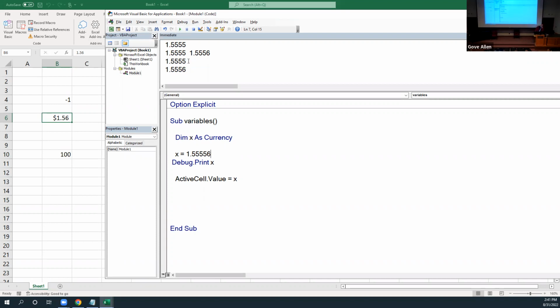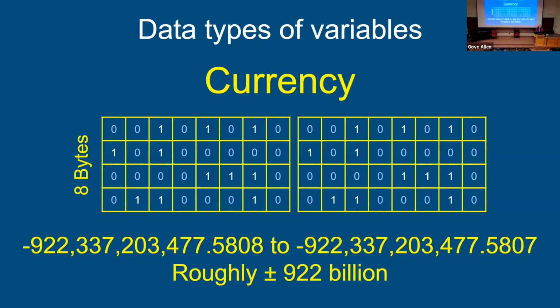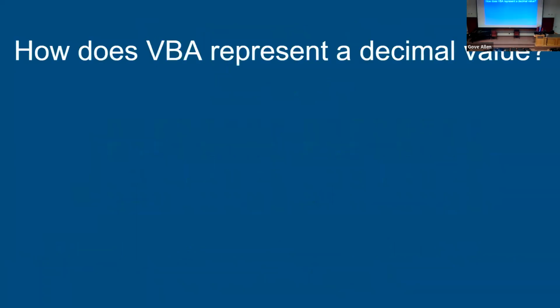So it doesn't round up at 0.5. That's really weird. Anyway. So data type, currency, 8 bytes, plus or minus 2 billion with 4 decimal points of precision.